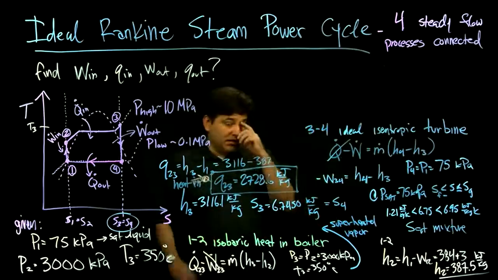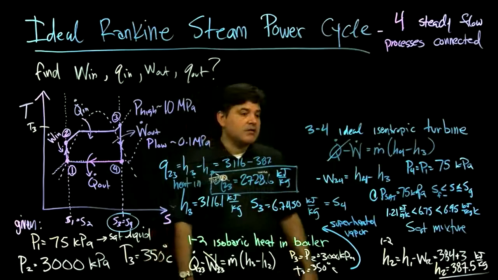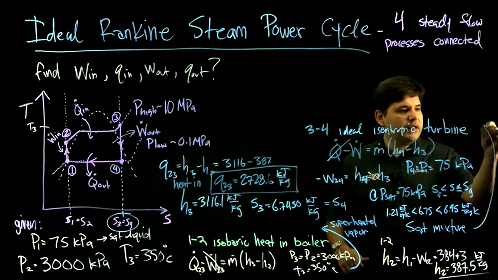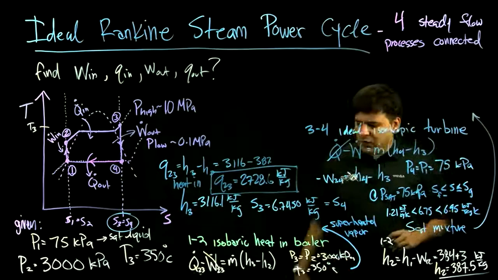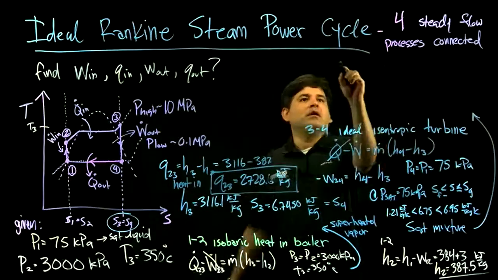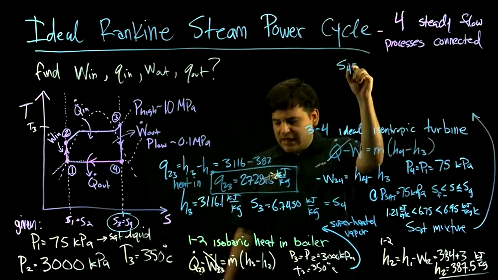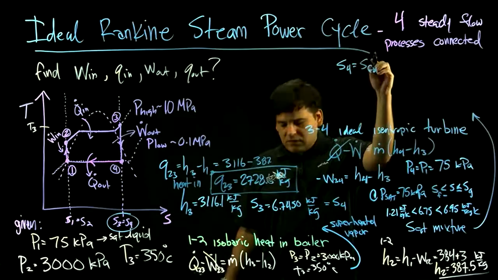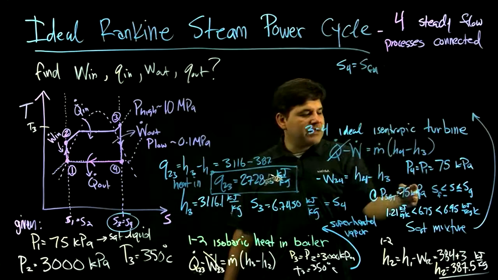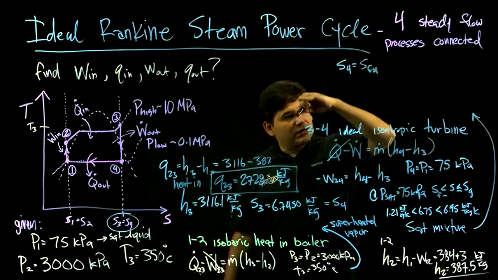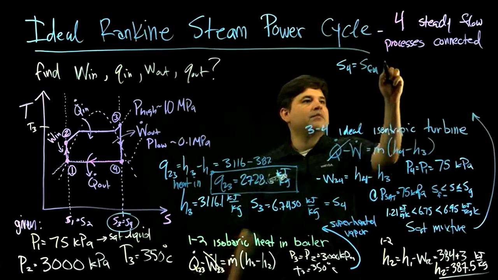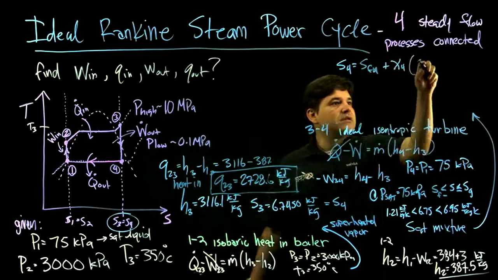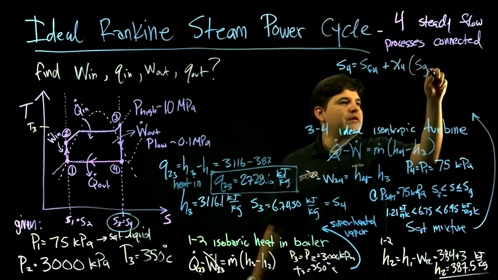Okay, if we are a saturated mixture, the next question is, what is the quality? Well, the quality can be found from our weighted average, where S4 has to be a weighted average between SF4, we're at 75 kilopascals, so the entropy at the vapor boundary plus the quality, which tells us the proportions, and the vapor boundary.